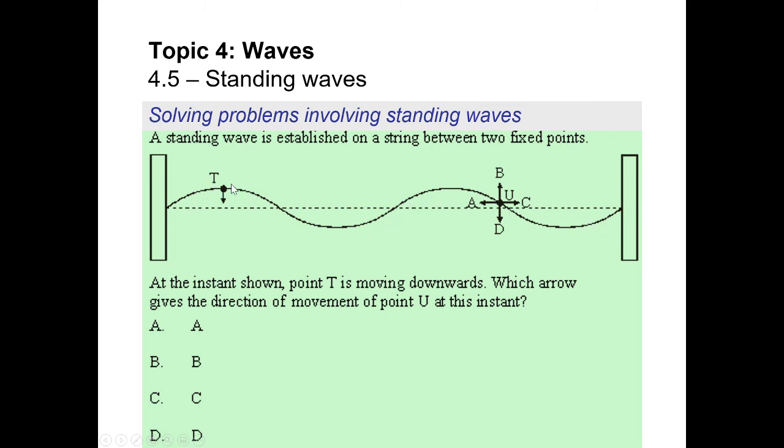So this point T, it should make sense to you that it's starting to move down. That means this trough is starting to move up. This crest is starting to move down. That means even this point here, because it's not at the node yet, this point is still going to want to move down. Hence, it's going to move in the direction of D. So there's the answer.